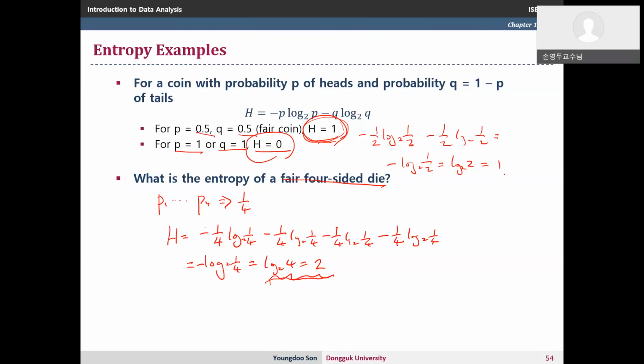Okay. And if there are more cases, for example, an 8-sided die or a 16-sided die, then the amount of expected information that we will get becomes larger and larger. Okay.